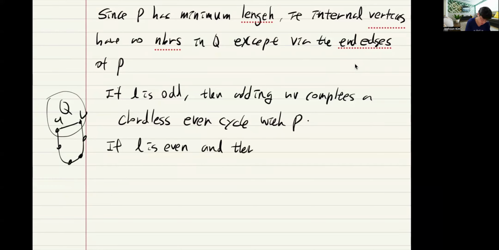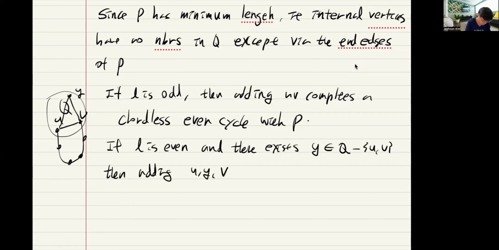If L is even, and furthermore there exists Y in Q other than U and V, then adding U, Y, V completes an even cycle with one chord.